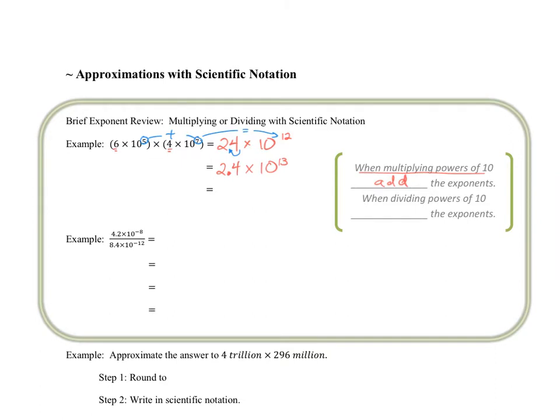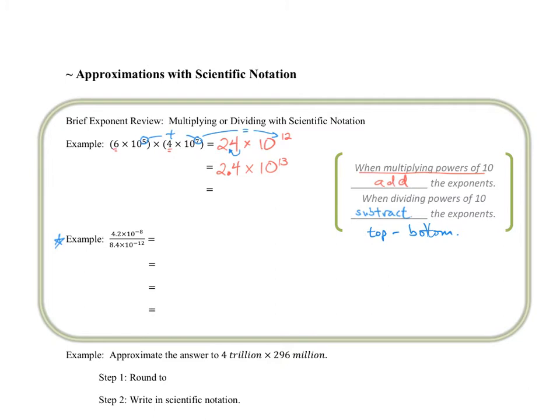So very similarly, with this second example down here, you will subtract powers of 10 when you divide. And this is easy enough. All you have to do is subtract the exponents in this form, top minus bottom.